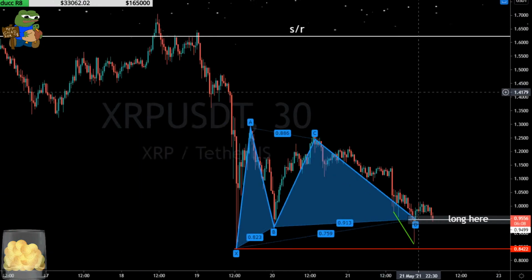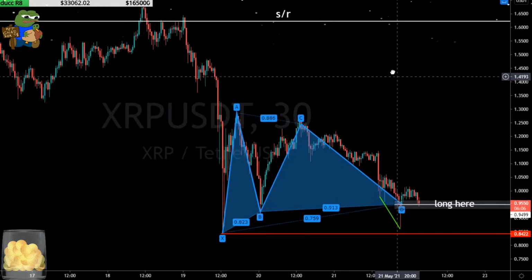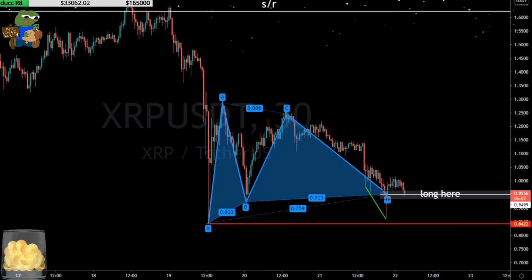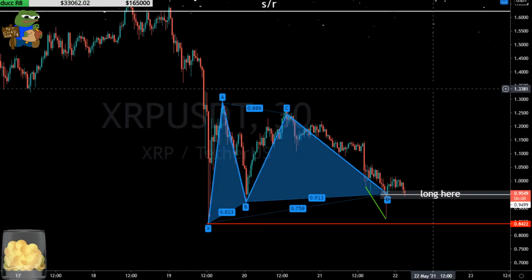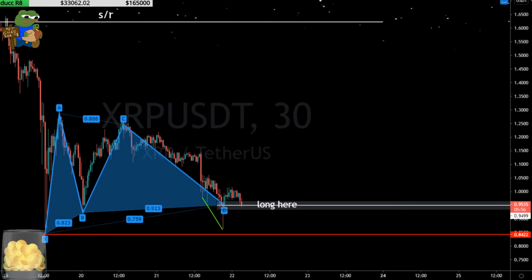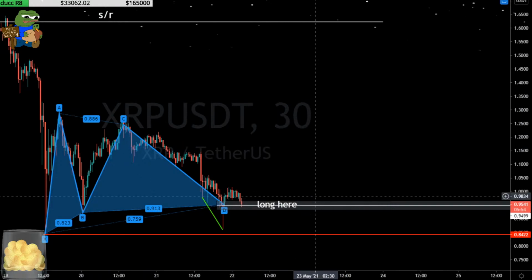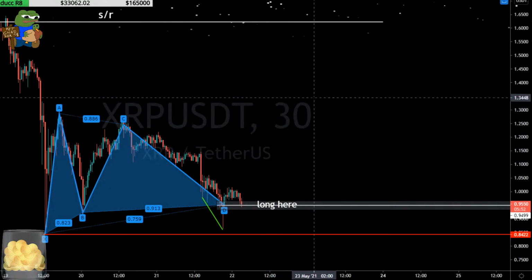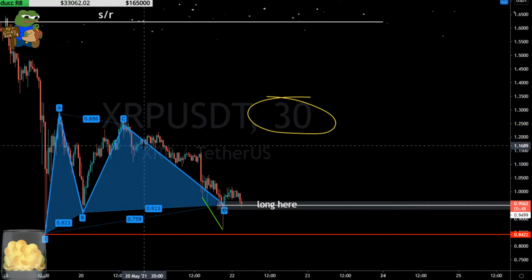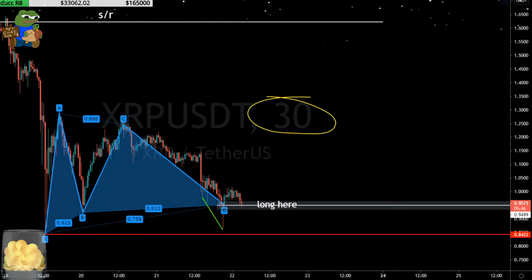Okay, so let's look at it again as far as targets would go. Okay, guys, before we get to targets, I want to tell you something else. On the larger time, this is 30-minute. Again, we have to understand that a pattern on the 30-minute is going to play out much faster than a pattern on the 4-hour or the daily.